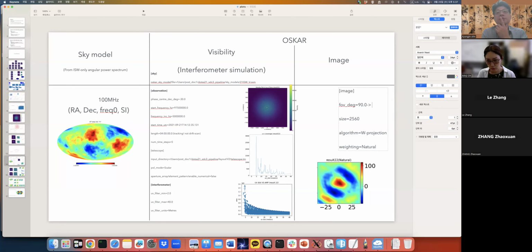I see, I forgot. So Minji, what Lu says is that this is the field of view, not the actual target sky. The target sky size is different from the field of view. The field of view is basically the beam size in angle. Yes, I think so.